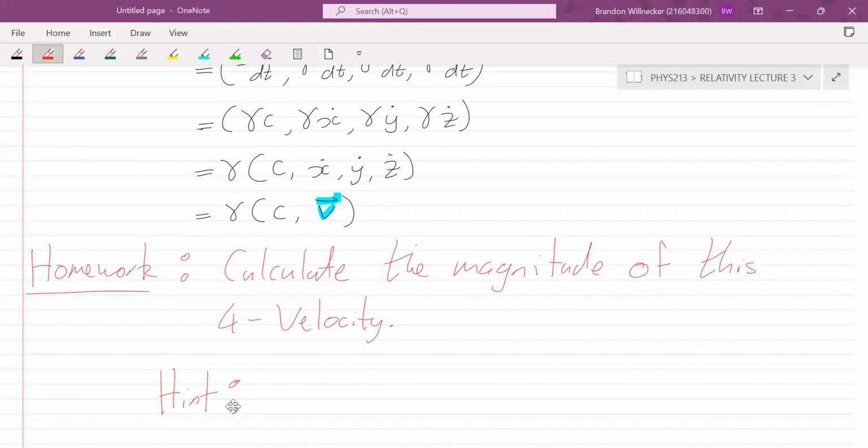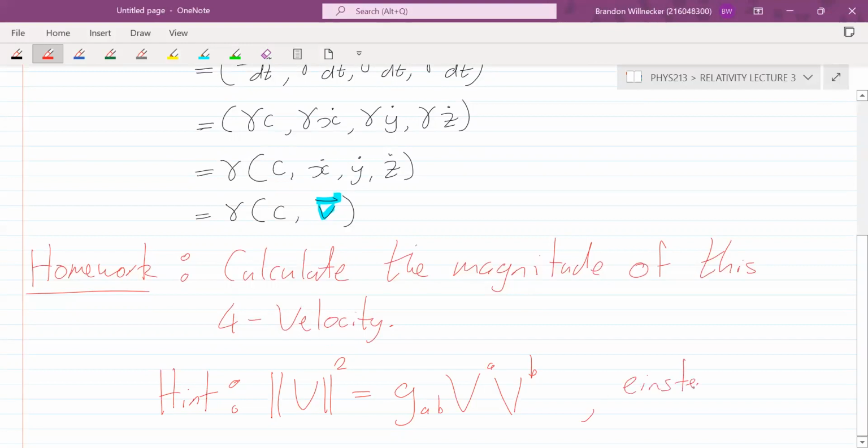Remember that the metric, we originally used the metric to calculate the length of a curve. We can also use the metric to calculate the length of a vector. So if you want to calculate the length of a vector squared, this is given by g_AB v^A v^B, where v^A and v^B are the vector components, and g is the metric. Remember that we use the Einstein summation convention.